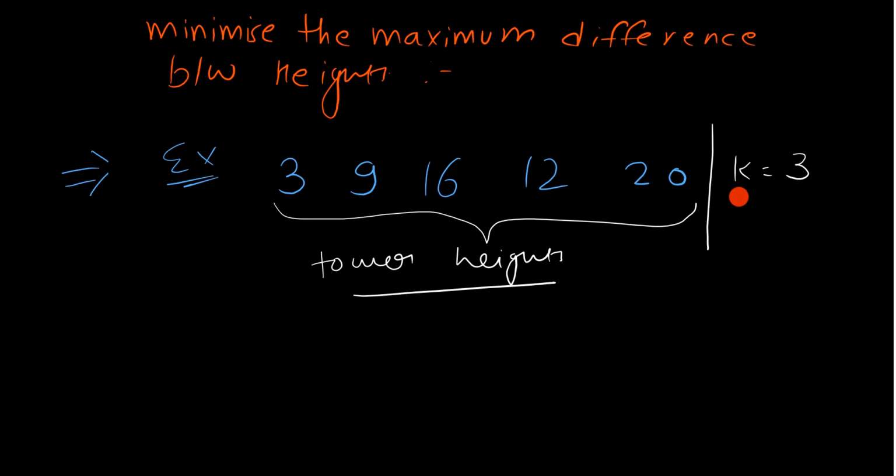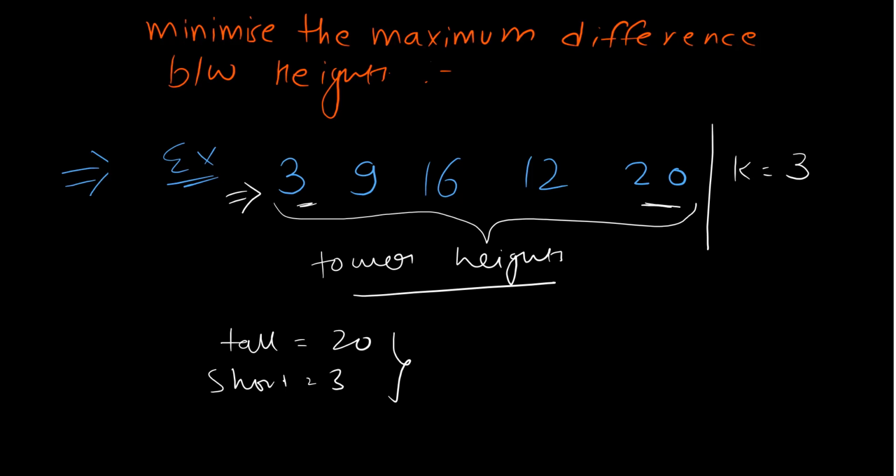We are asked to minimize the maximum difference between the heights of the towers. First of all, let me tell you what the maximum difference between heights of towers actually is. If you look at this array, the tallest tower is this one of height 20, and the shortest tower is this one of height 3.